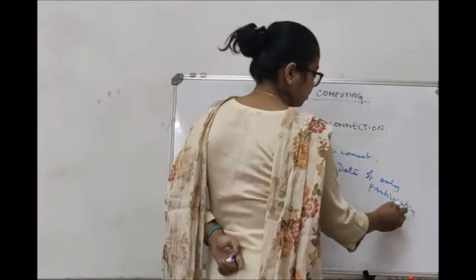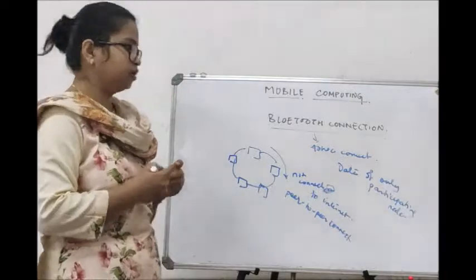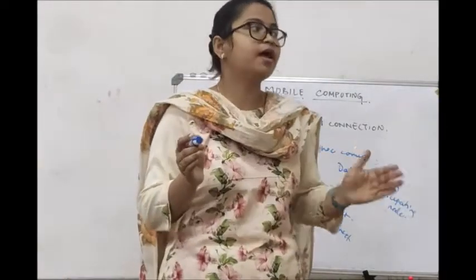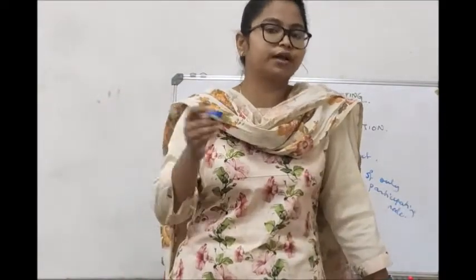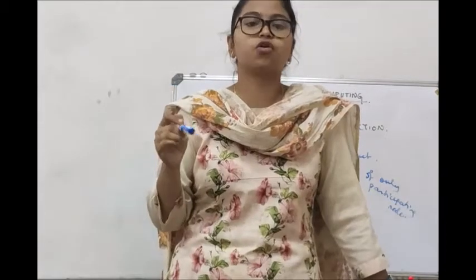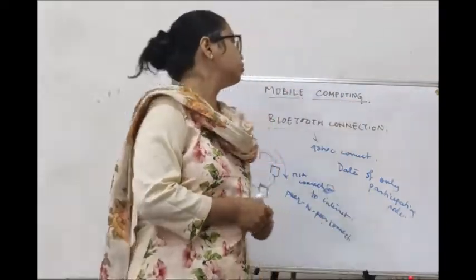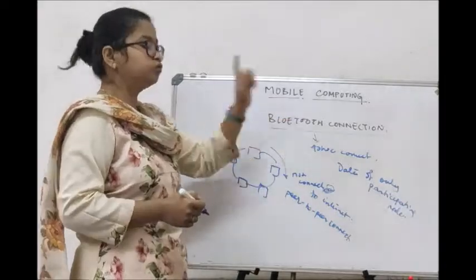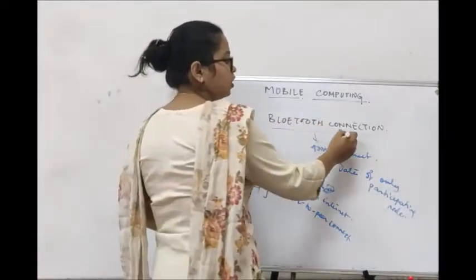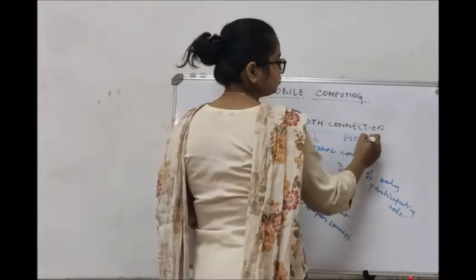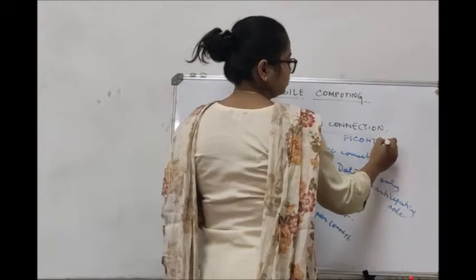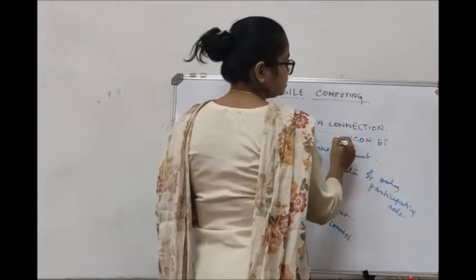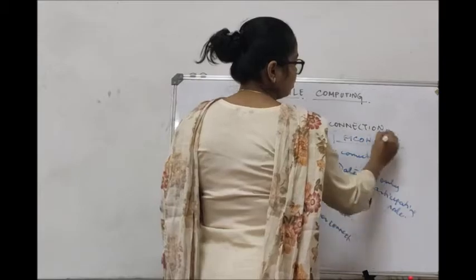Now, such a connection which has a small range and few participants connected among themselves is called a piconet. So the network connection of Bluetooth is called a piconet. This is an important term to remember.